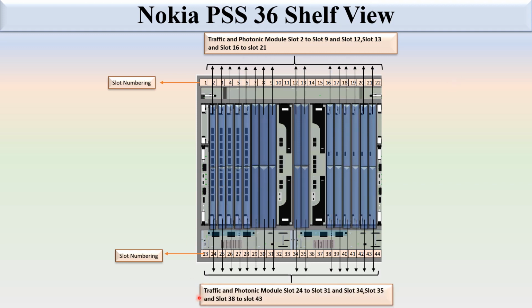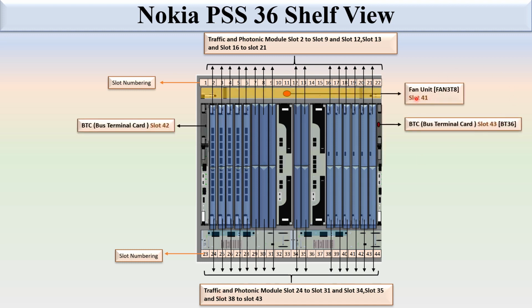Similarly, on the bottom, the traffic and photonic module slots are slot 24 to slot 31, slot 34, slot 35, and slot 38 to slot 43. These slots are fixed for the traffic card or photonic module.